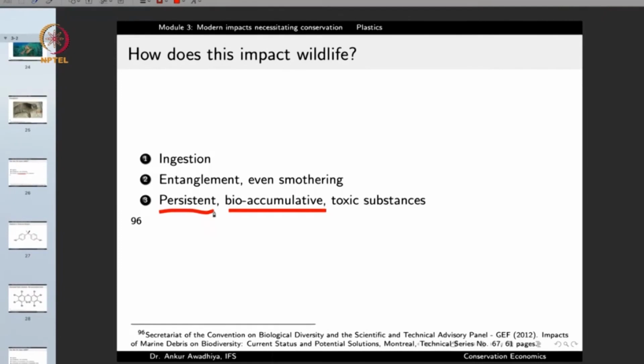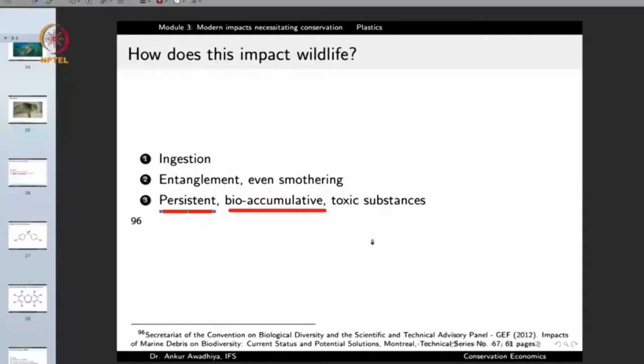They are also persistent, which means that they remain for a very long period of time, so when these animals die, these chemicals do not disintegrate. They will kill one animal because of their toxicity. And when this animal dies, these chemicals, because they are still undegraded, come back into the environment, still maintain their toxicity levels, and can kill some other organism. So these are persistent bioaccumulative toxic substances.